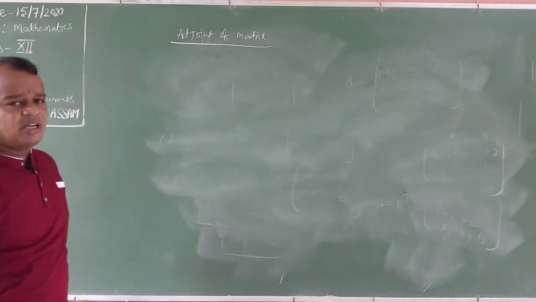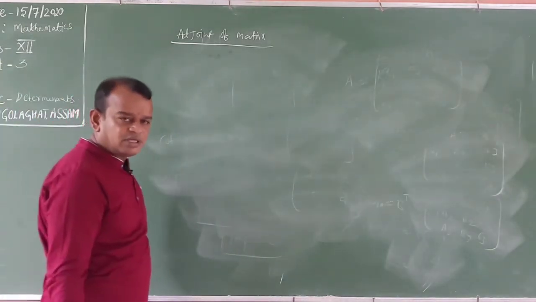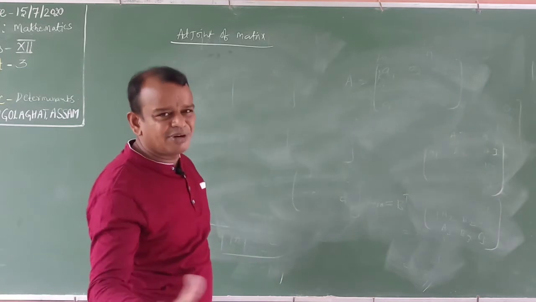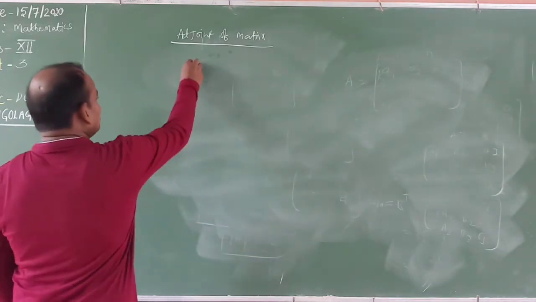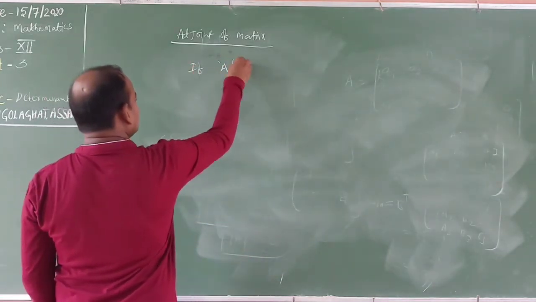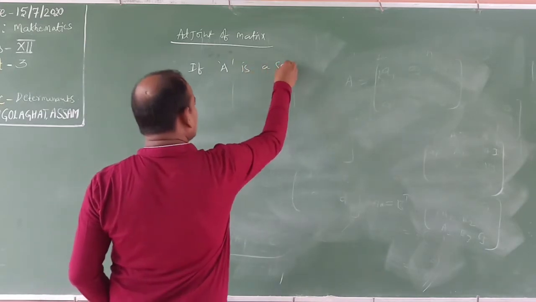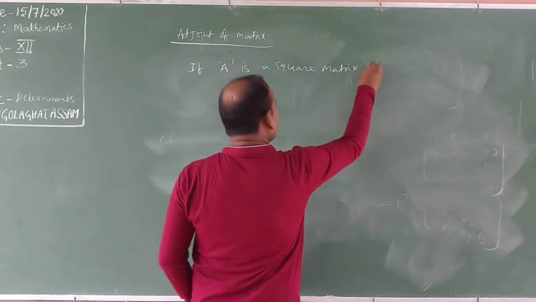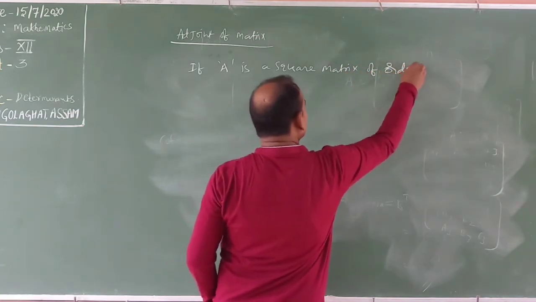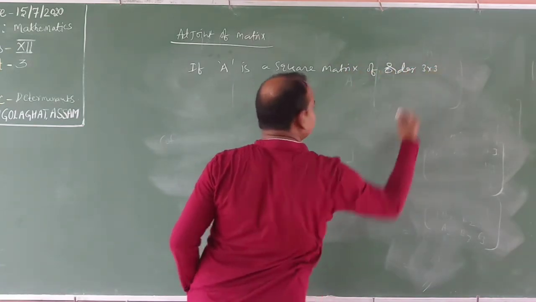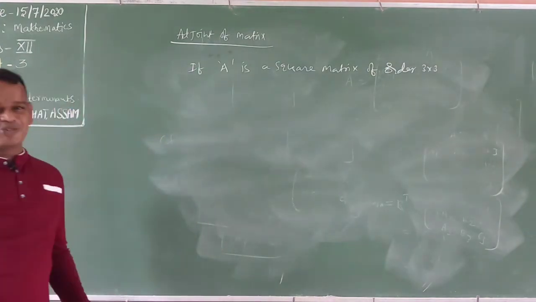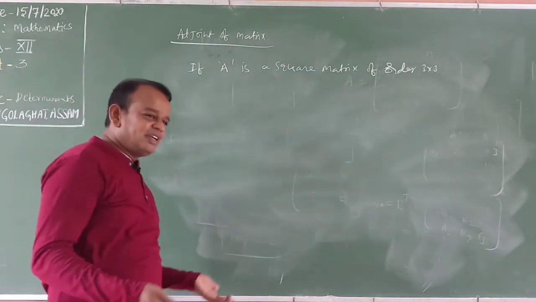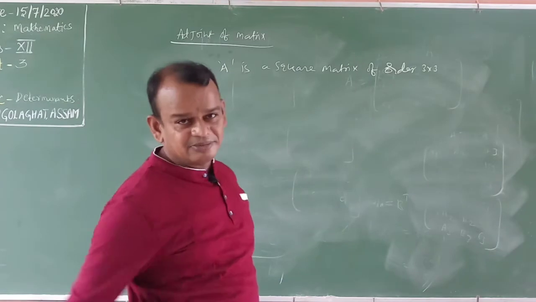Suppose A is a square matrix of order 3 by 3, or n by n, whatever it may be. Square matrix means order 3 by 3 or 1 by 1; it is applicable for everyone.